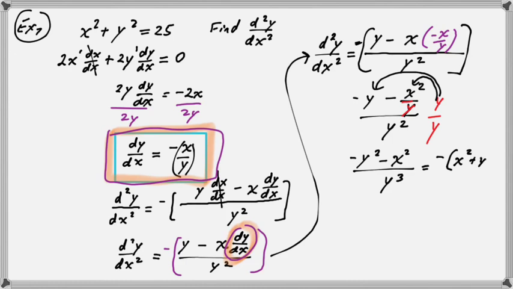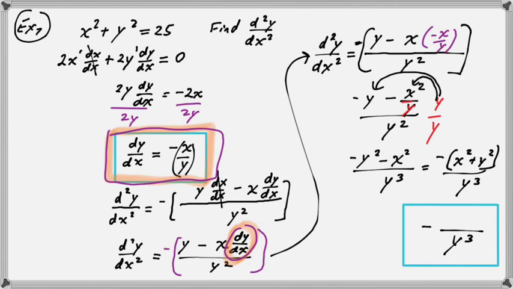Would it be x squared plus y squared? Yes? And what is x squared plus y squared? x squared plus y squared from the very original is 25. So in the second derivative, it usually contains some form of the original.